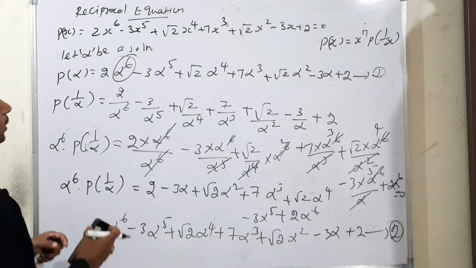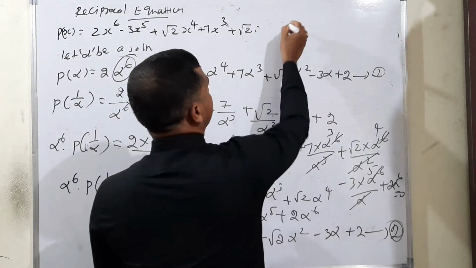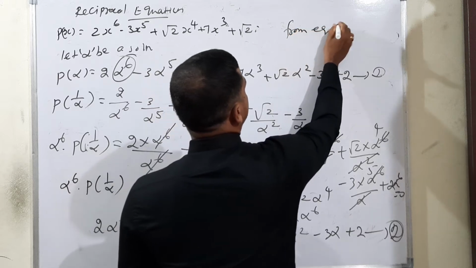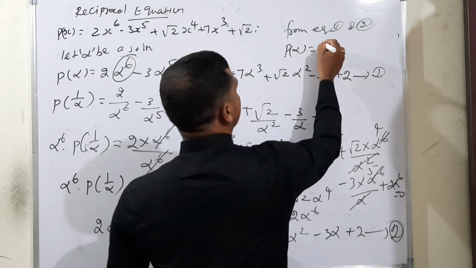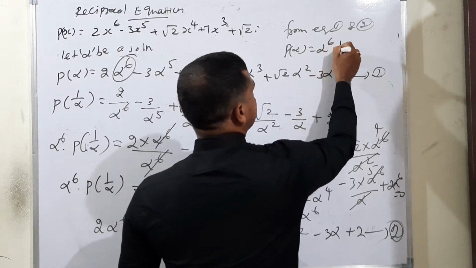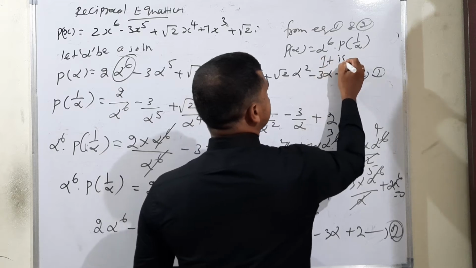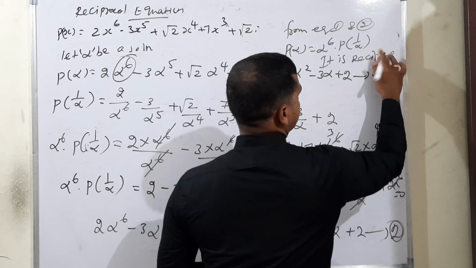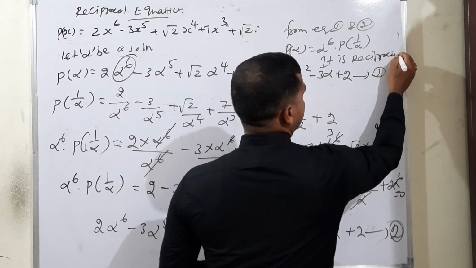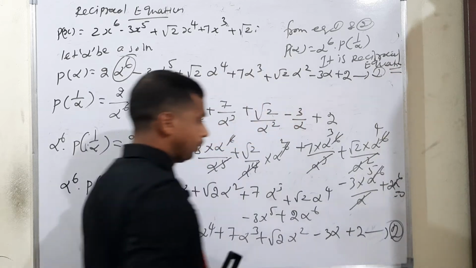Therefore, from equation 1 and 2, P of alpha is equal to alpha power 6 into P of 1 by alpha. Therefore, it is a reciprocal equation.